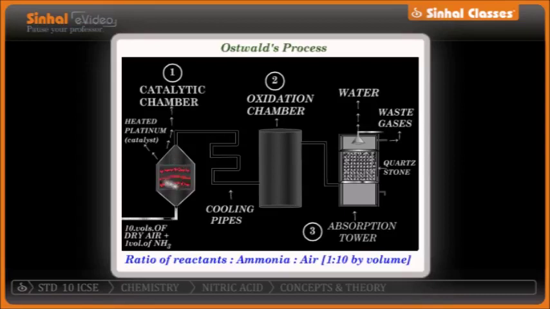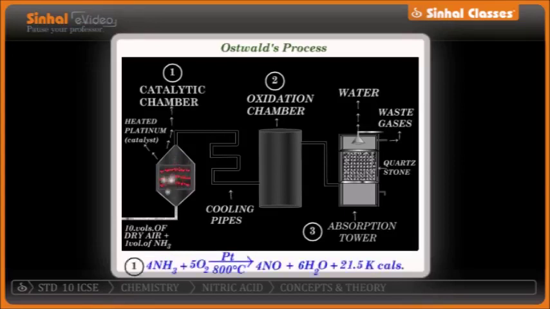The reaction which takes place in catalytic chamber is ammonia, that is 4NH3, will combine with oxygen, that is 5O2, in presence of platinum at a temperature of 700 to 800 degree Celsius. It will form nitric oxide, that is 4NO plus 6H2O.